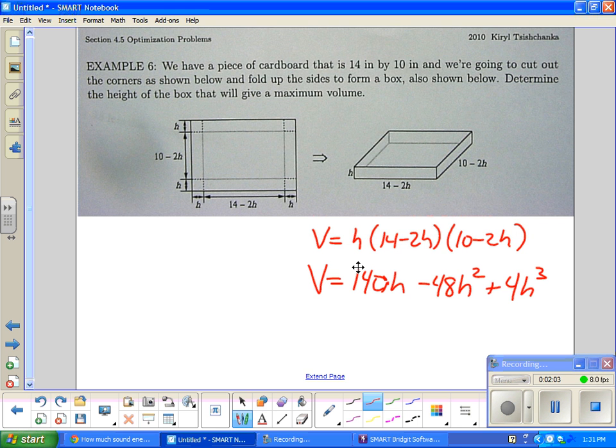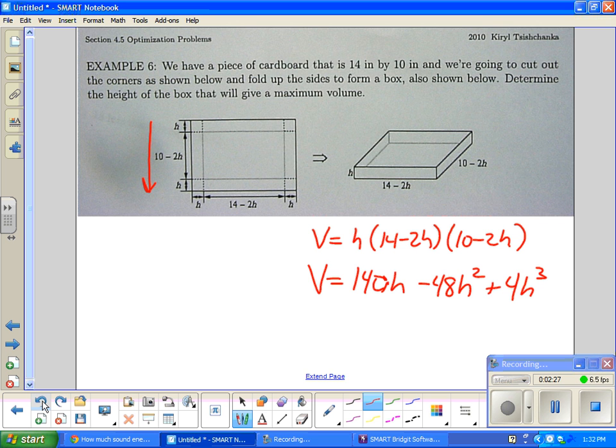And now we can say, well, we know that h has a domain probably from greater than 0 to less than 10 or less than 5 because it has to be there. So we have a domain on this based on the short side of the box here. So we're going to take the derivative of the equation and we're going to set it equal to 0.